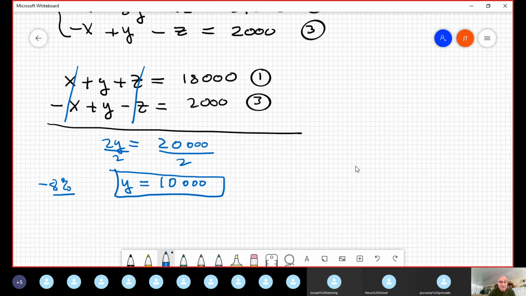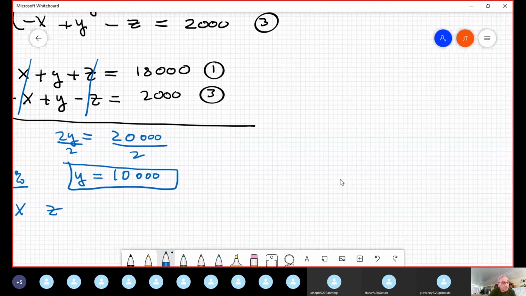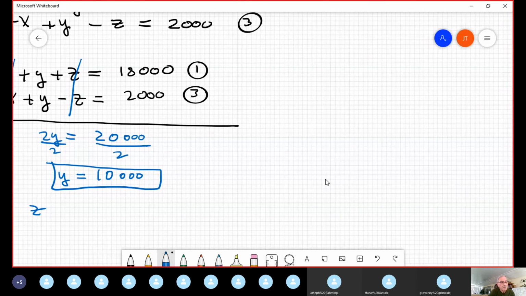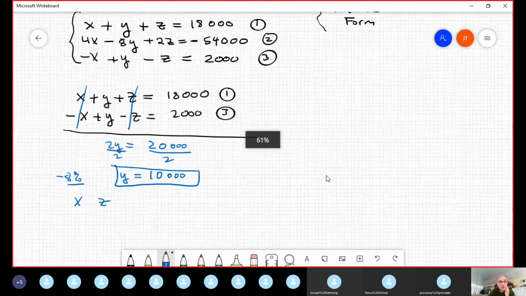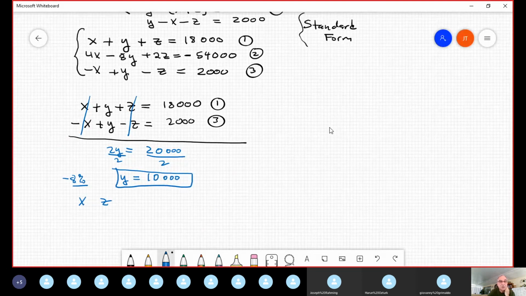Okay, but I need to find x and z. So in order to find x and z, for example, I plug it into equation number, let me see which equation I use. I use equation 2. Okay, never I touch it.